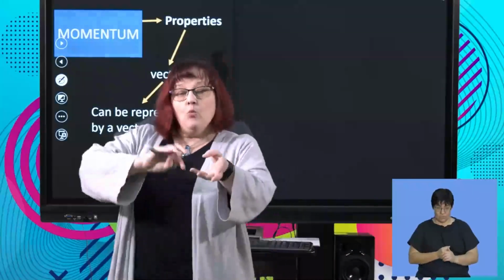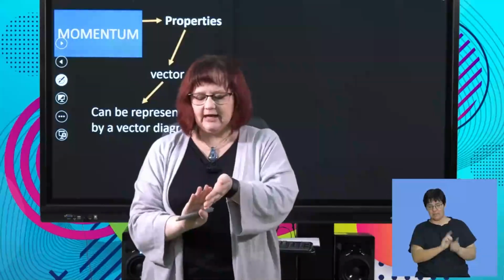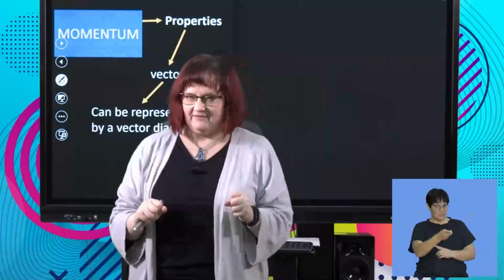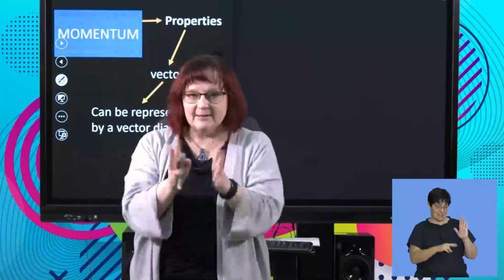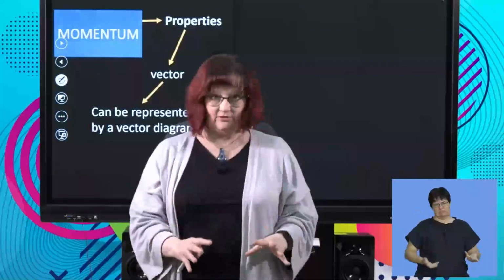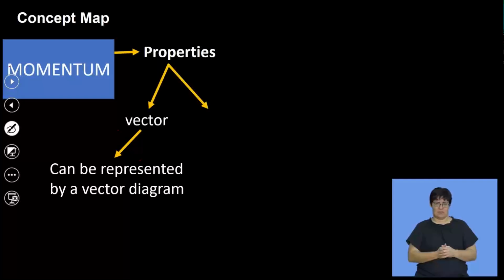So momentum's a vector, so we can give it an arrow, all right? When we get to change in momentum in a few lessons' time, this is where life's gonna get a little interesting with our vector diagrams, okay? But it's all right. We can do this. It's not that difficult. You've done vector diagrams before.